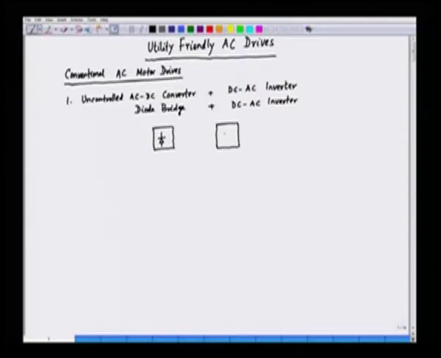The inverter could be made up of IGBTs or GTOs for high power, and here we have a DC link. And the input in this case could be a single phase or a three phase AC grid.